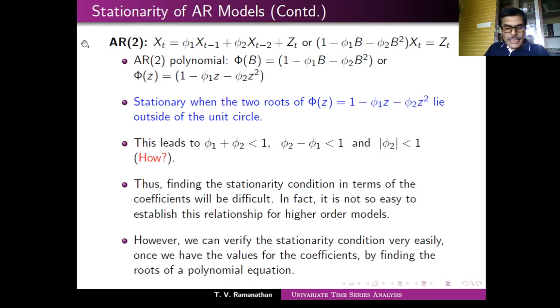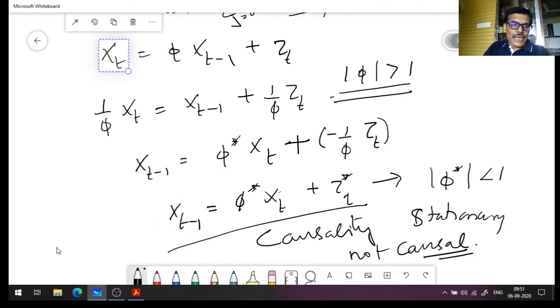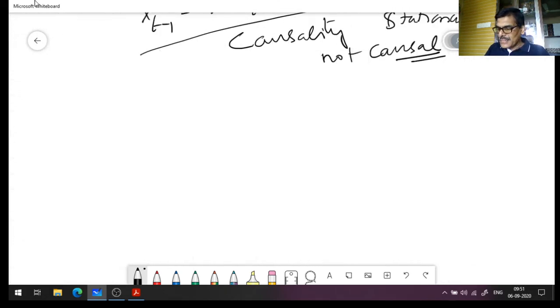Because basically, whether it is AR1 or AR2, you will be looking in this way. That is where the causality idea comes. If your series is xt, you have some polynomial equation. This is your AR model.